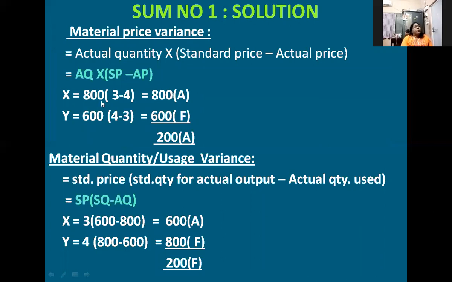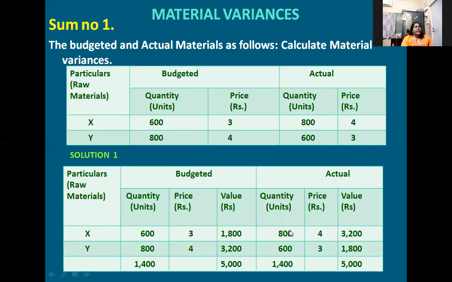As per the information, the actual quantity for X is 800. So 3 minus 4 in the brackets, times 800, the actual quantity: standard price minus actual price. For X, again, I'm telling you how to calculate the variance. Price variance means 800 into, within the brackets, 3 minus 4.